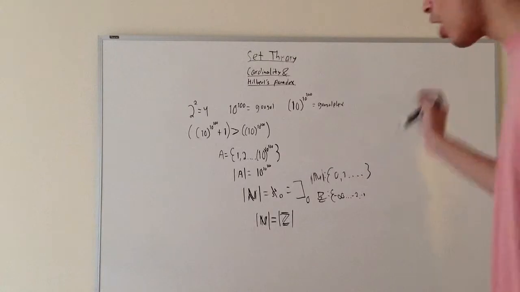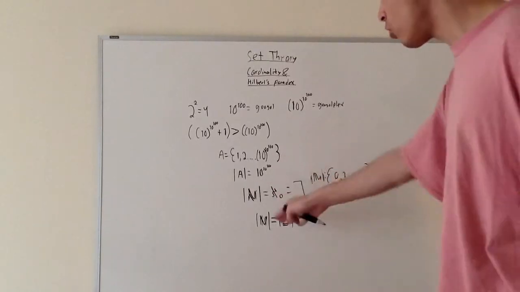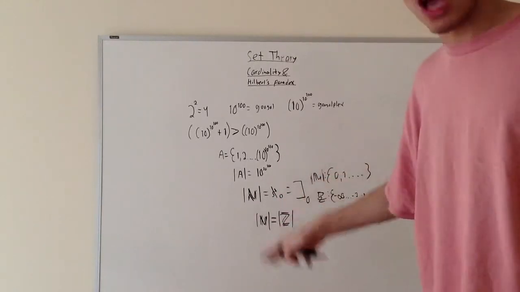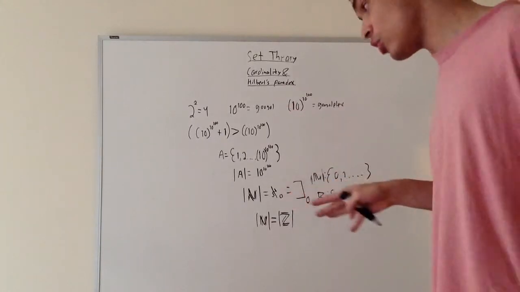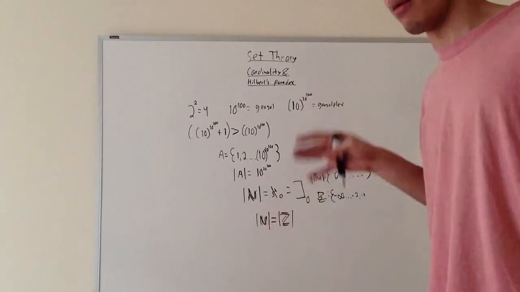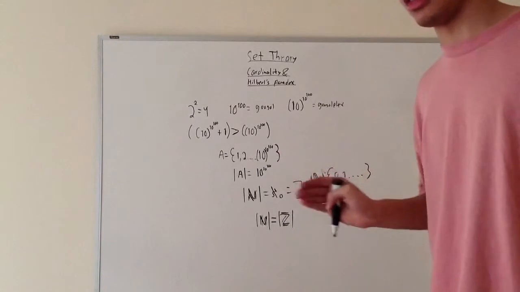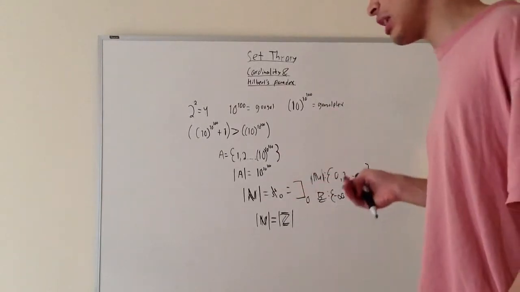I'll show you why. There's a proof that these two sets have the exact same amount of numbers in them, which when I first looked at it, I thought was really weird, and it is really weird. But I'll explain why that's indeed the case.